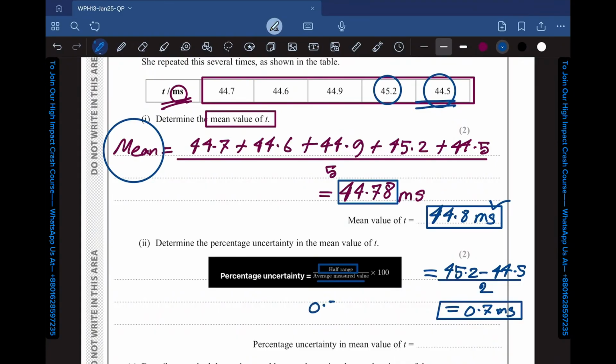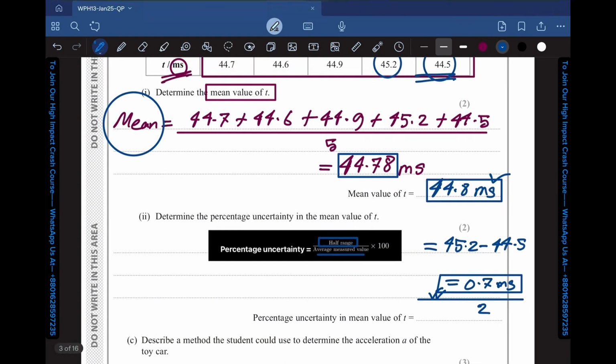So it will be 0.7 ms divided by 44.8 ms. Sorry, my bad, there was a mistake. This 0.7 was actually the range. Let's not divide it right here. 0.7 was actually the range. Now we will divide it by 2 to get our half range value, which will be 0.35, right?